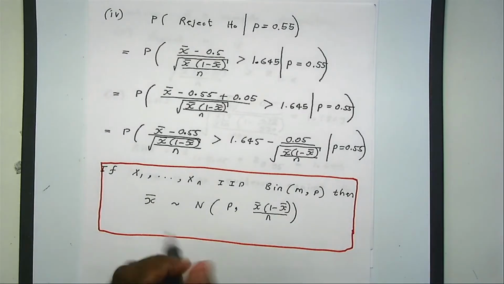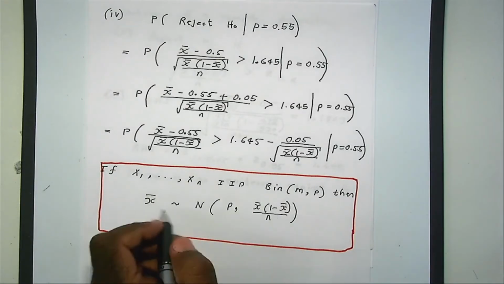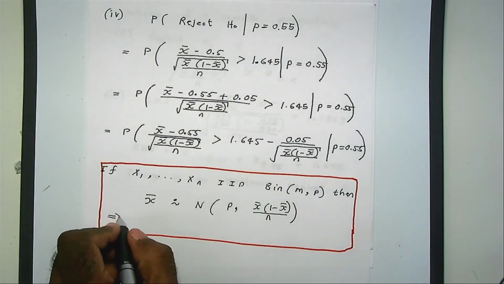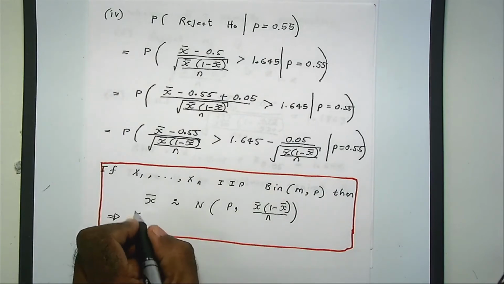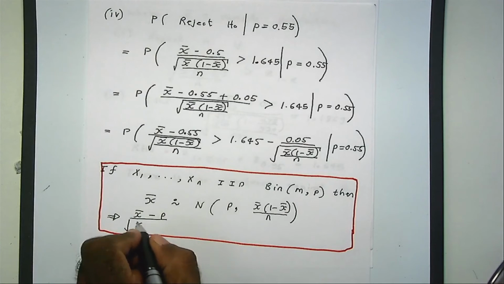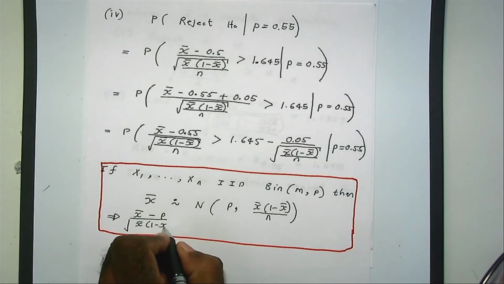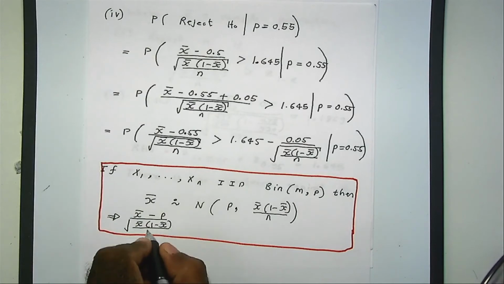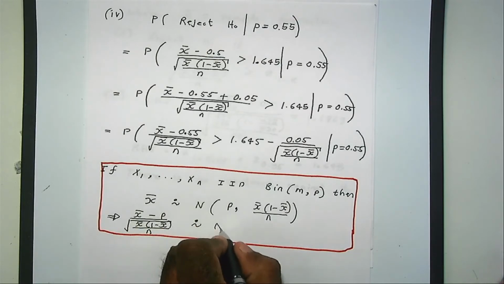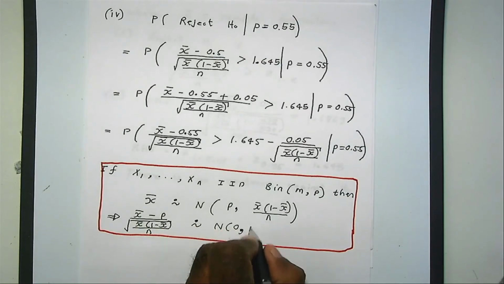Now this is an approximation, so I put a dot. What this implies is that X bar minus p divided by the square root of this has an approximate standard normal distribution.